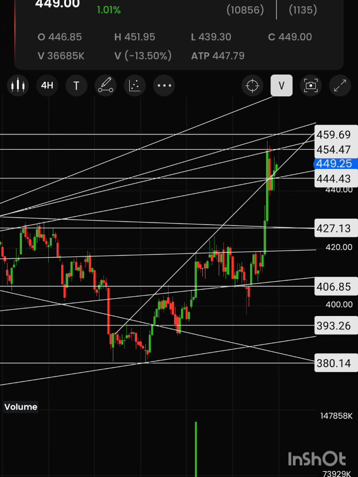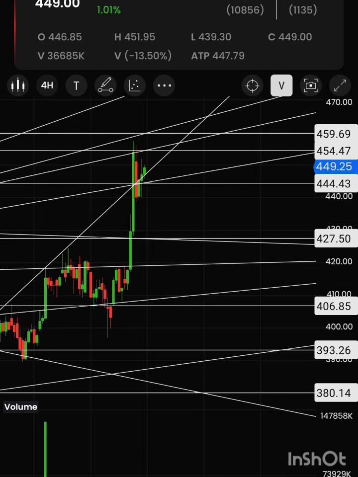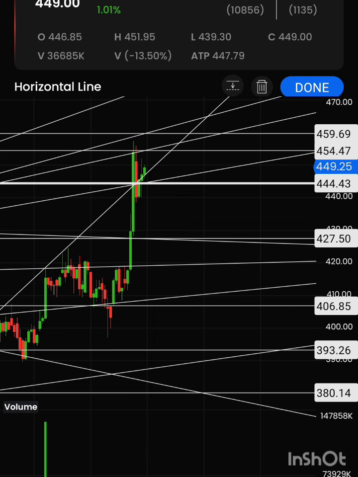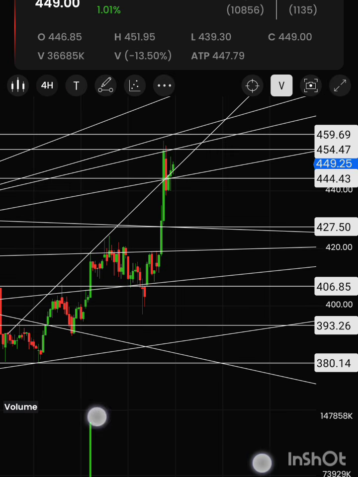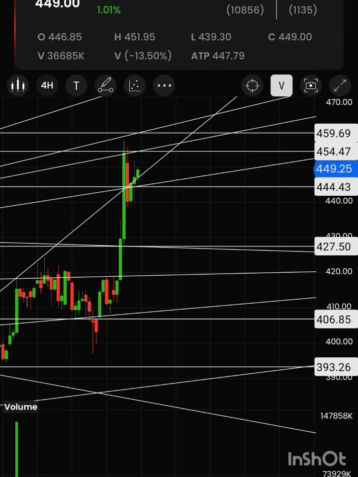The next one is BEL. I already mentioned that we got a breakout in the 427 range, and last week we traded this one very well. Now BEL is trading above 444. That's a good sign, and there is a cooling off after this big spike. You can see the next targets will come around the 450 to 455 range.